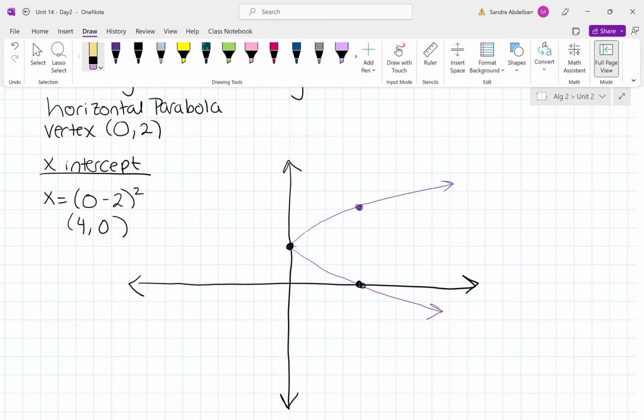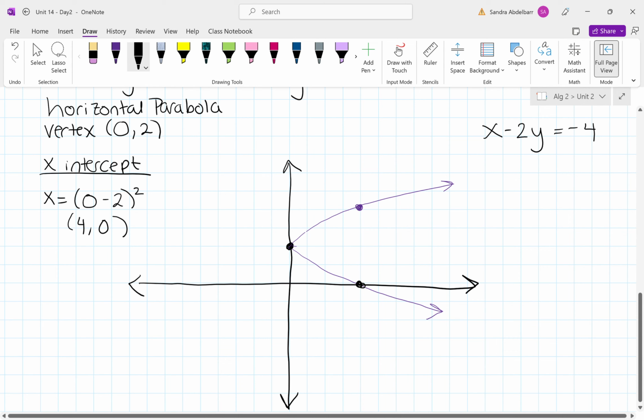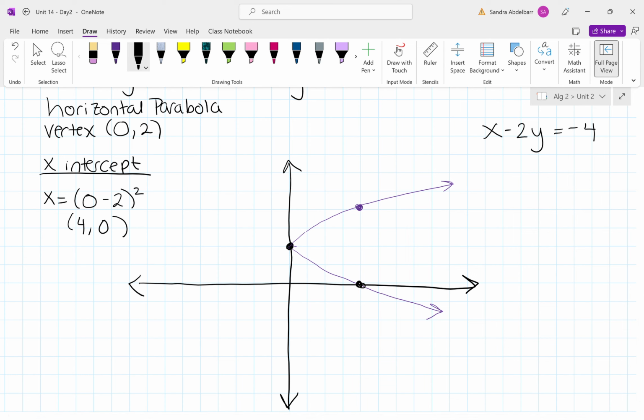All right, so now we have another graph. Our other graph is x minus 2y equals negative 4. What is this? A line. How do you know? Degree is 1. So I'm going to put this in slope-intercept form.